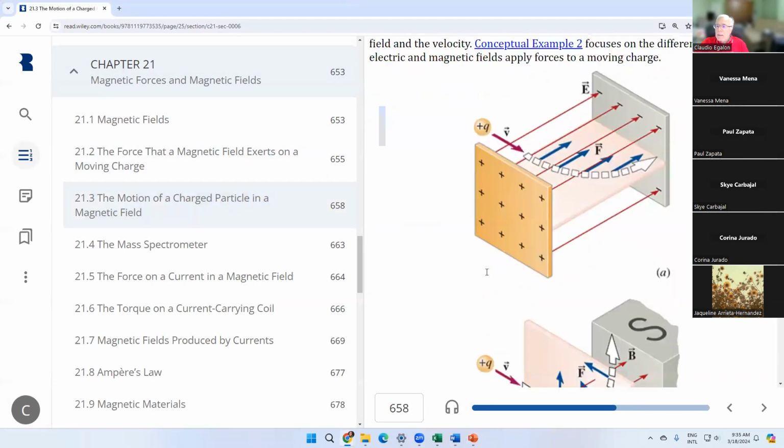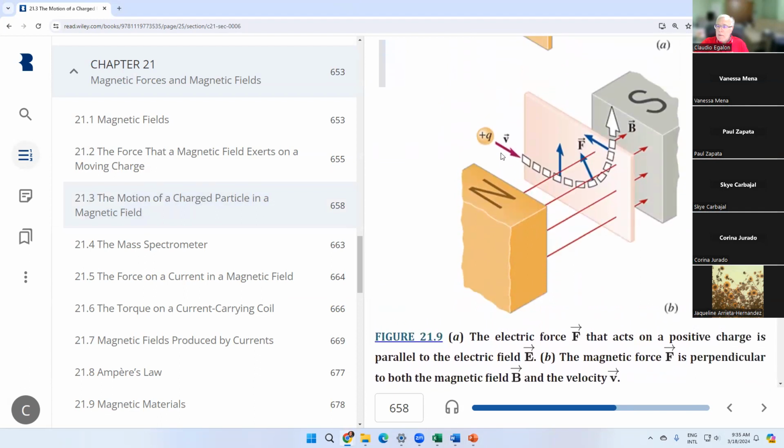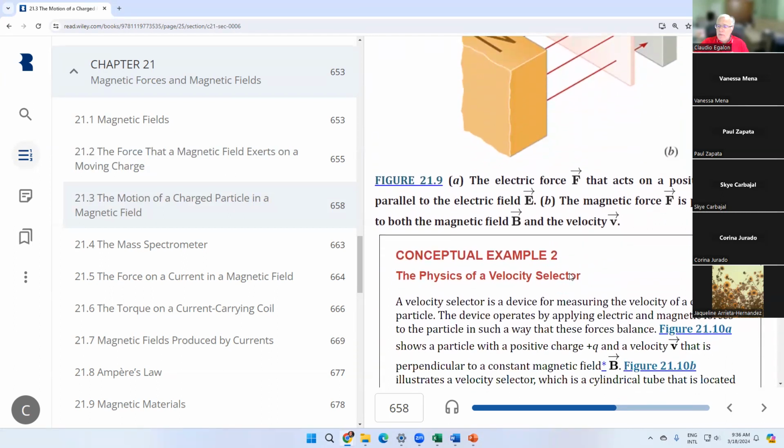Here you go. That's the motion, a circular arc. Uniform magnetic field here. We insert a positive electric charge in this field, and it's going to undergo circular motion while it's subject to the field.